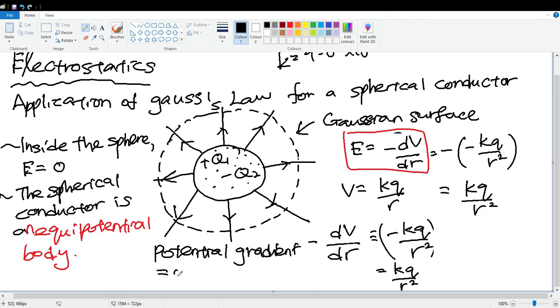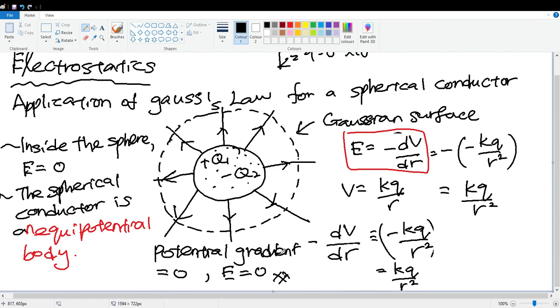Hence, the electric field strength inside this spherical conductor is 0. That is why we say that the electric field strength inside the spherical conductor is 0.